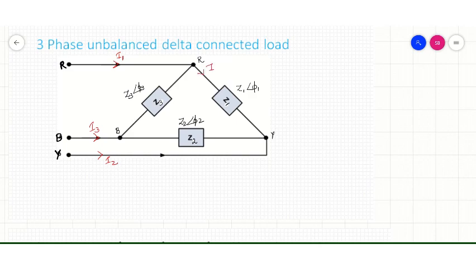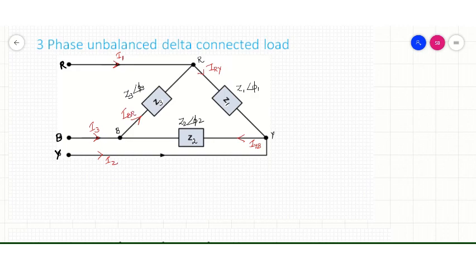I'm naming this current IRY because it flows from R to Y. Then the current through the second phase is marked like this. It is IYB. The current through the third phase is marked like this, and this current is taken as IBR.